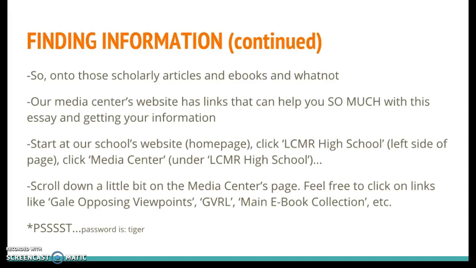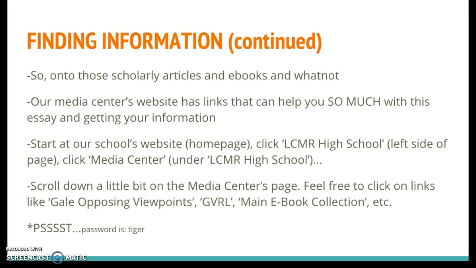Now, some of the best links that I know work really well include Gale Opposing Viewpoints, GVRL, which as I understand it is the Gale Virtual Library, Main eBook Collection, and there are a slew of others. And anytime you need a password, it's Tiger.